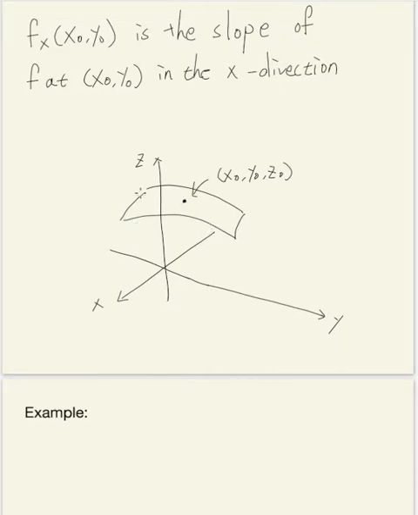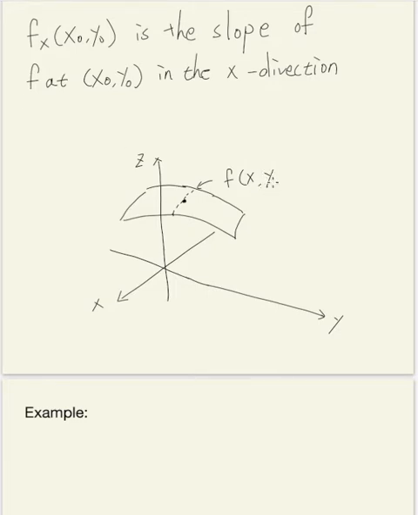Okay, so it's something that looks like this. Let me erase the x naught, y naught, z naught thing, since it's taking too much space. Suppose this dotted curve is given by f of x and y naught.